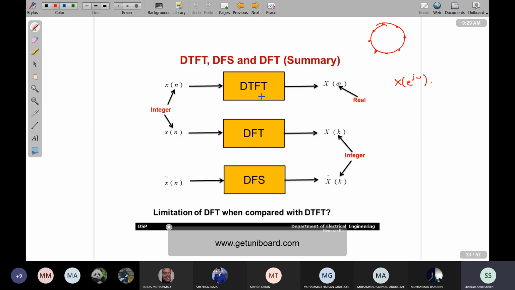But when we talk about DTFT and DFT, we know that the numbers are going in. इसके अंदर भी सीक्वेंस जा रहा था, इसके अंदर भी सीक्वेंस जा रहा था, बट जो चीज DTFT ब्लॉक से बाहर आ रही थी that was a continuous thing. X of omega or x of exponential j omega is a continuous thing which is defined on the unit circle, but x of k are the equally spaced samples of this x of exponential j omega.